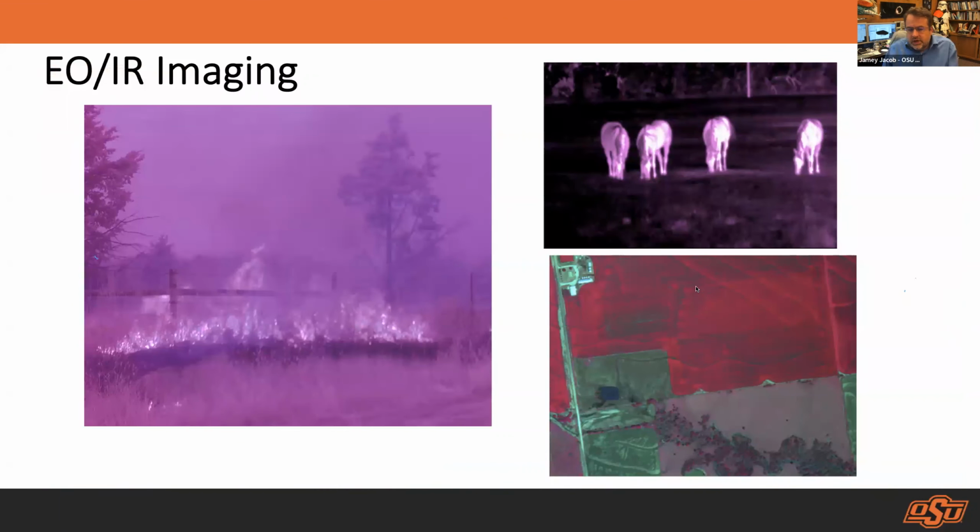Now, you'll often see EOIR used as the imaging acronym. That just means electro-optical infrared. So it gives you the capability to view not just in RGB, but also in infrared and sometimes hyperspectral or multispectral modes.